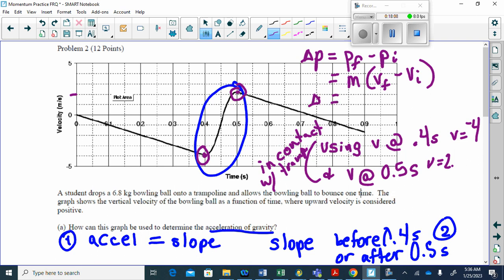The change in momentum will be calculated by the mass, a 6.8 kilogram bowling ball, and the final velocity, we said, is 2. The initial velocity was approximately 4.